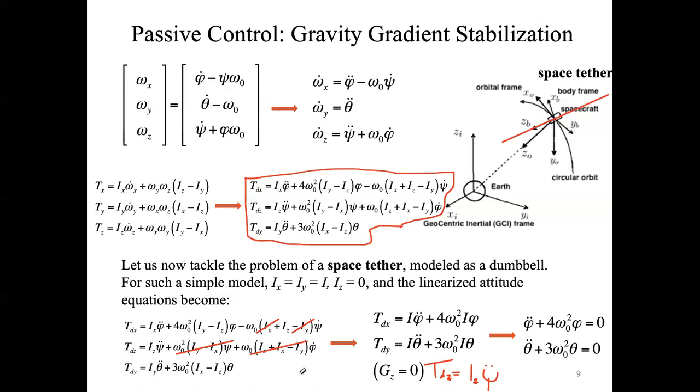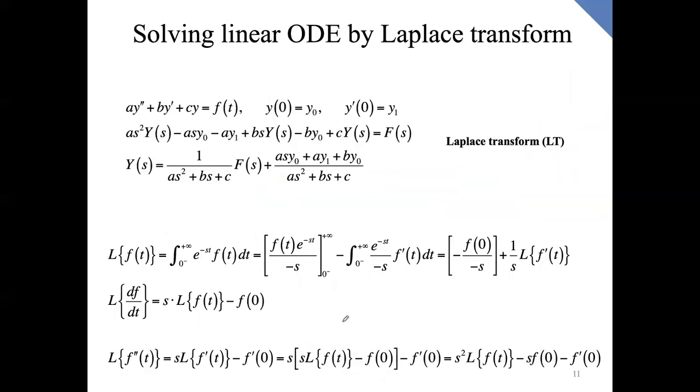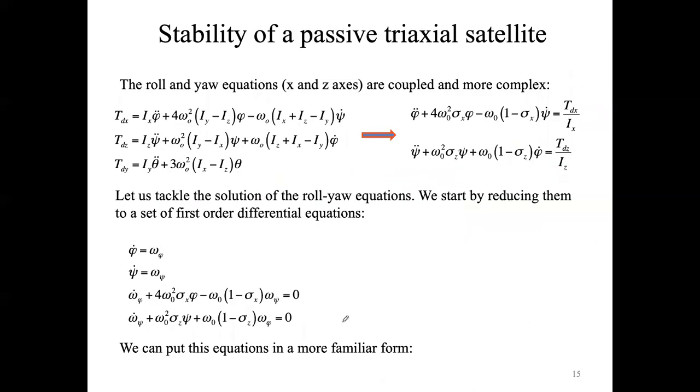But as I said, this is only a simplified example, so it doesn't really matter so much. What we are going to see next will be definitely closer to reality. Here we are not excluding that equation, but since the assumption is that the tether is infinitely thin, you don't have a third equation, because you're not able to determine the attitude of something that doesn't have a realistic dimension.